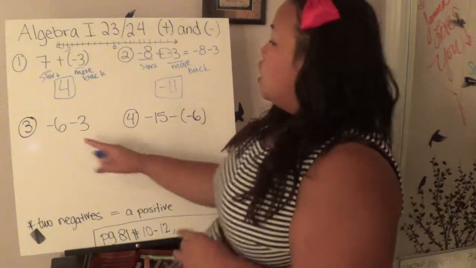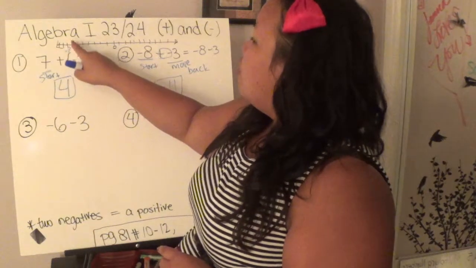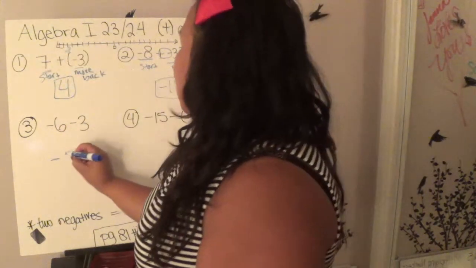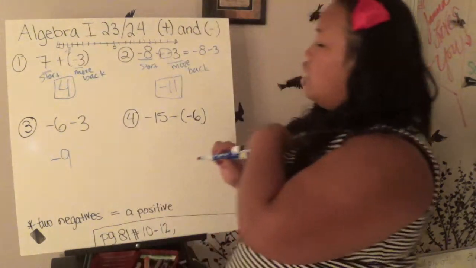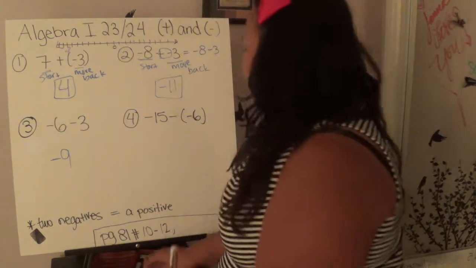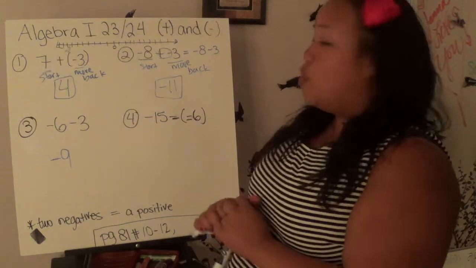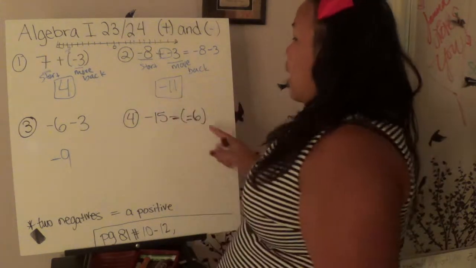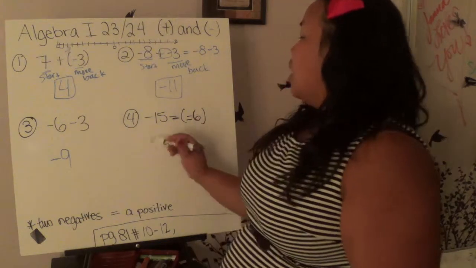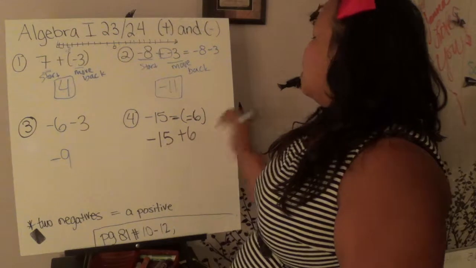Alright? So in this case, I start at -6, which is right here, and I move down 3, which would give me -9. Now here's one of those cases where we're dealing with two negatives. Here's a negative, and here's a negative. They're side by side. The parentheses is just trying to tell you that they're combined, but they're basically side by side. So what this looks like is -15 plus 6.